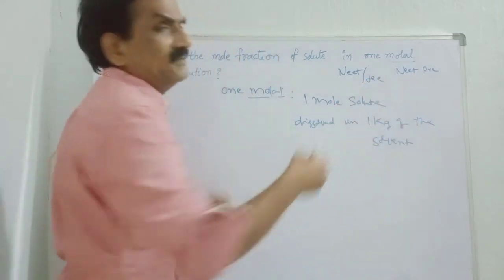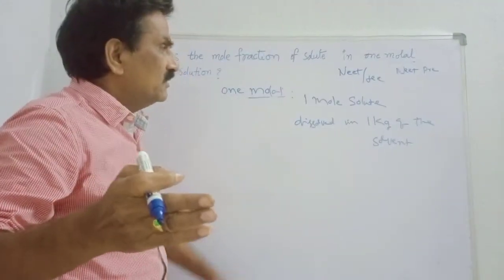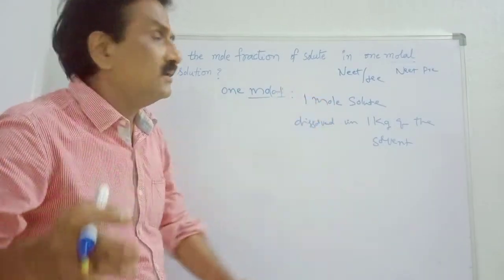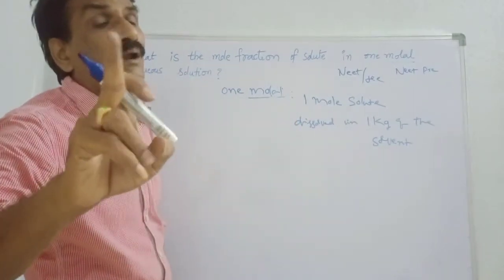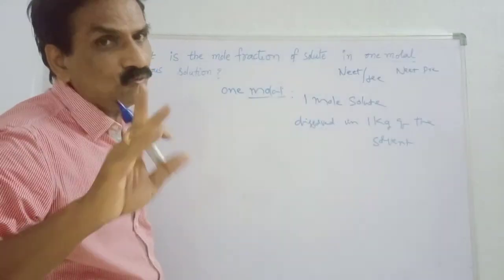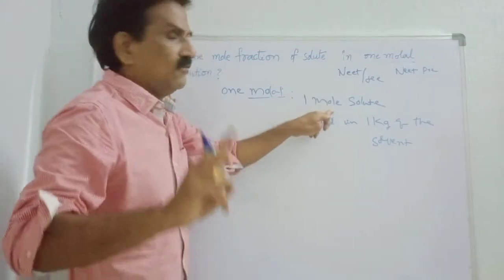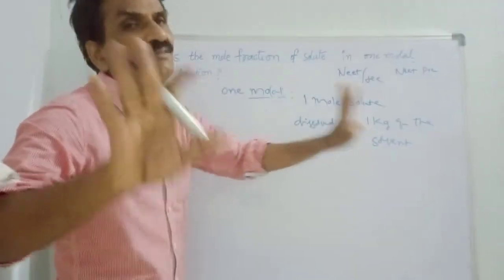This is molality. What is molality? 1 mole of the solute dissolved in 1 kg of the solvent. That is called molality. Molal, not molar. Okay? 1 molal means 1 mole solute dissolved in 1 kg of the solvent.